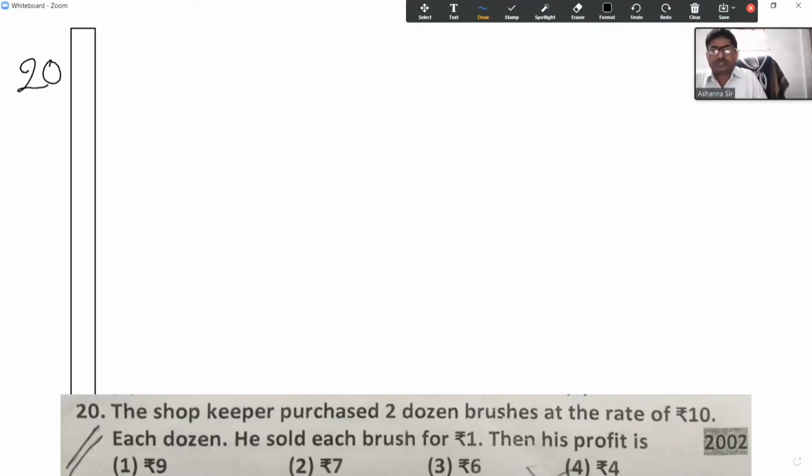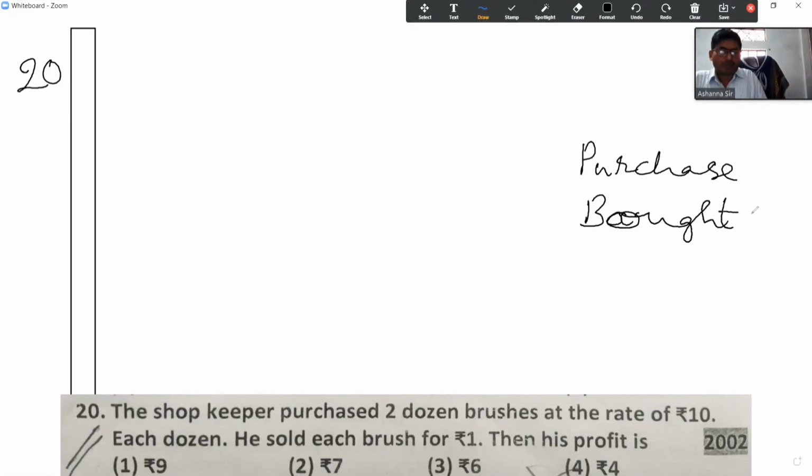Cost price. Purchase, you have to know, children: purchase means bought or purchased means cost price only.